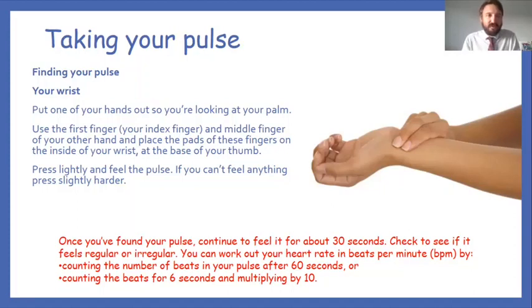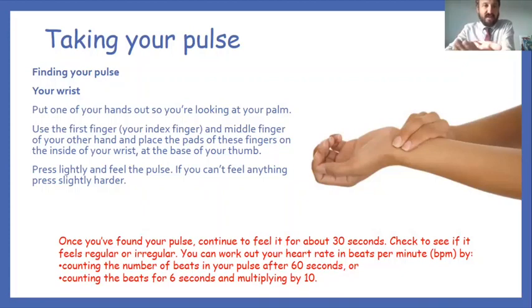So first thing you need to do is put one of your hands out so you're looking at your palm. Now it says use your first finger, your index finger, and your middle finger. So these two fingers. Now hold your other hand in place so that the pads of these are on your wrist at the base of your thumb. I'm just going to have a go at this.